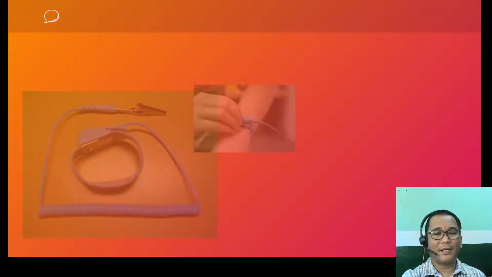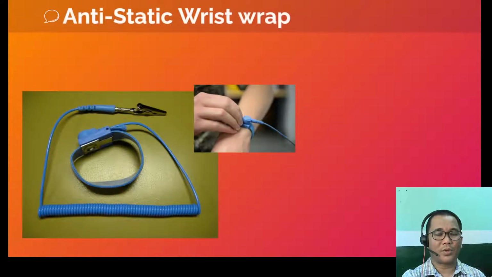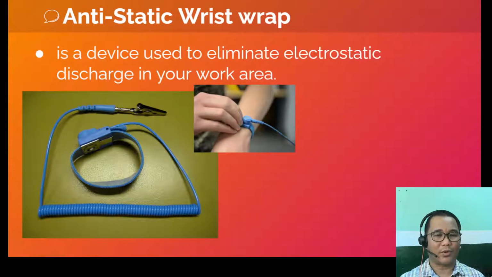Okay? Then the next one, a must-have is what we call the anti-static wrist wrap. If you don't want to damage the component you are working on, you need to use anti-static wrist wrap. You need to discharge yung kuryente natin sa ating katawan through that tool.